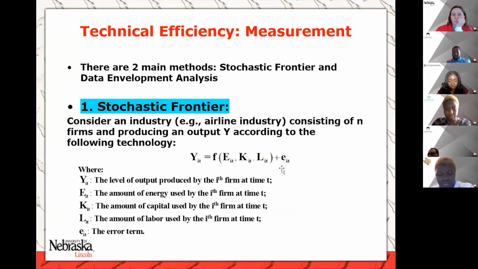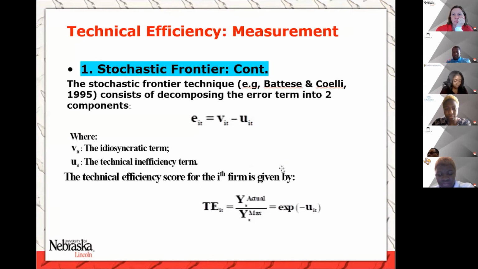The stochastic frontier methodology consists of decomposing the error term into two components, V and U. V is called the stochastic term, and it captures all the factors beyond the control of the manager. And then U is the technical inefficiency term, and it captures all the factors within the control of the manager.